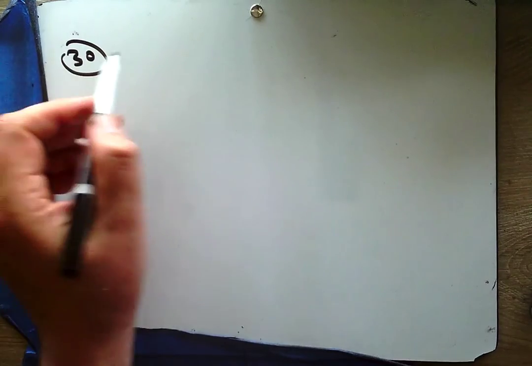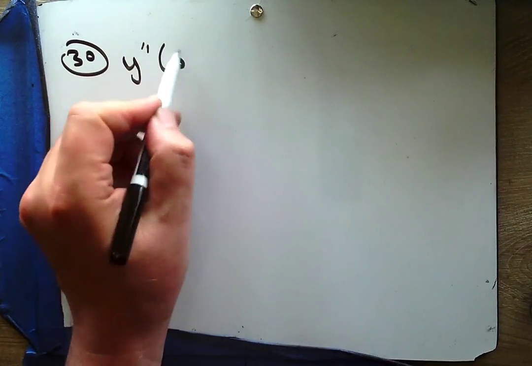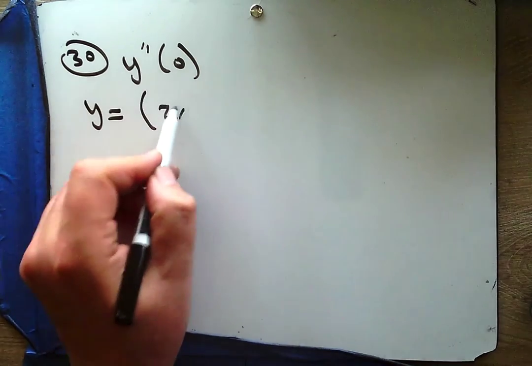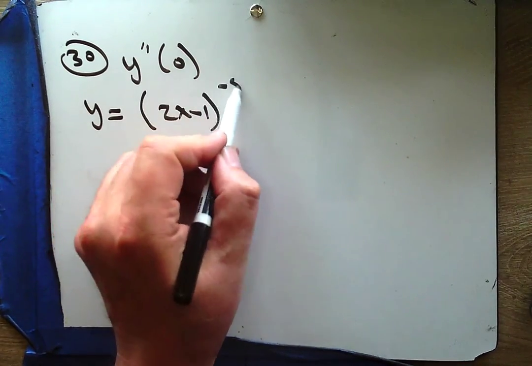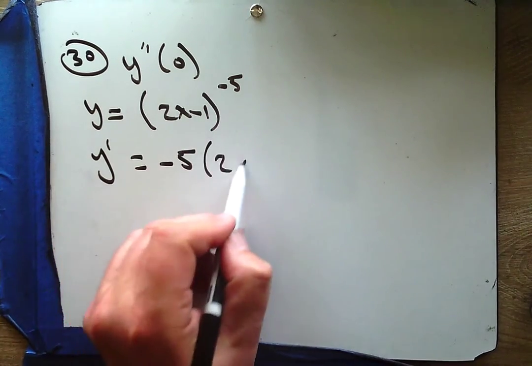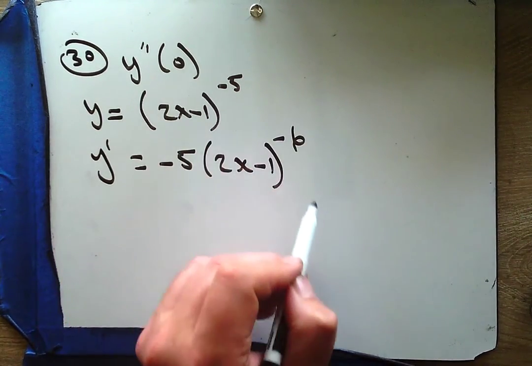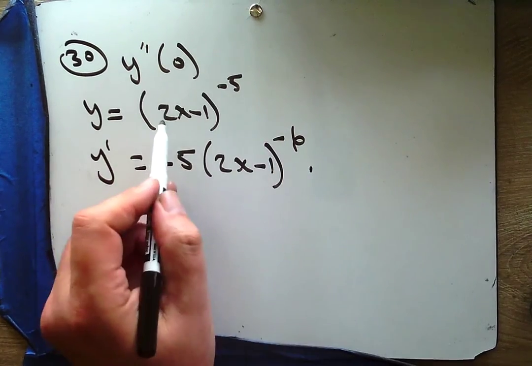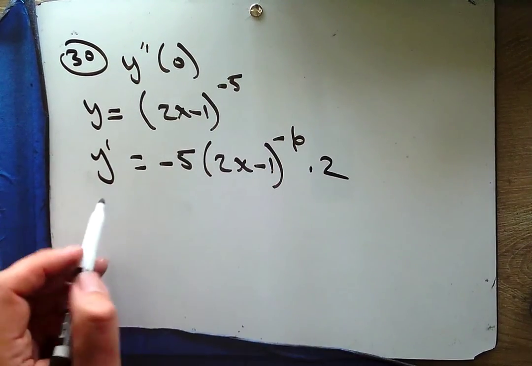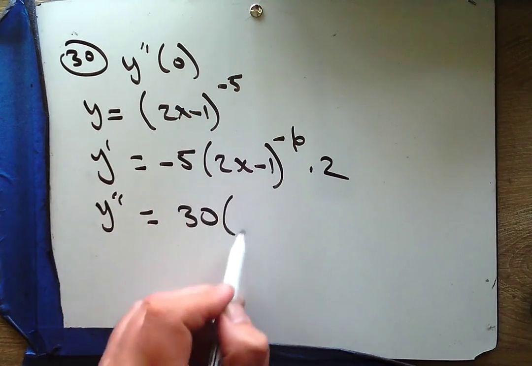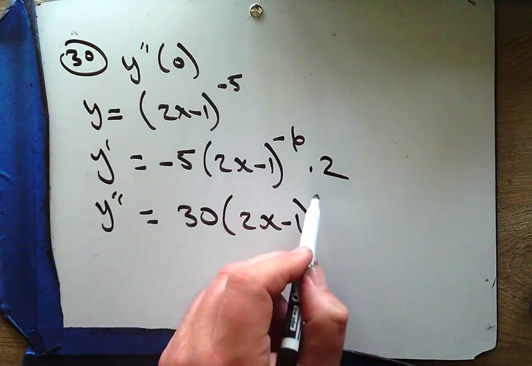Ooh. Says find y double prime of 0. Well, if y equals 2x minus 1 to the negative 5th, then y prime is going to be negative 5, 2x minus 1 to the negative 6. Remember, you're subtracting 1 when you take a derivative, times the derivative of the innermost function. And then y double prime, I'm going to have 30, 2x minus 1 to the negative 7.